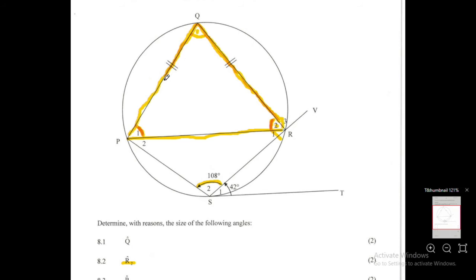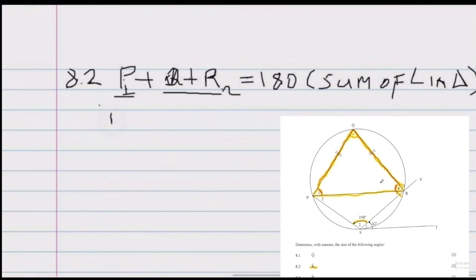It simply means now these opposite angles would also be equal, meaning we would say P1 equals R2.